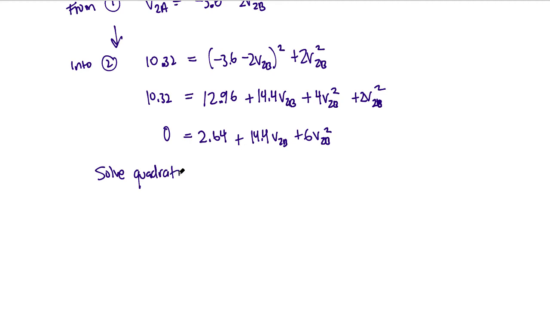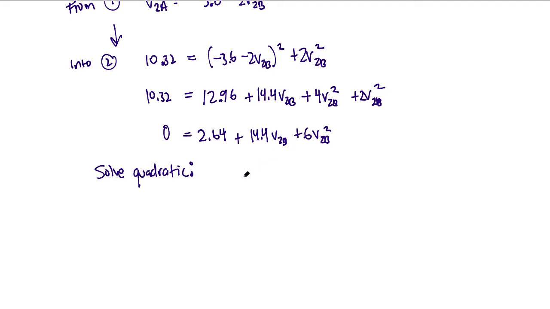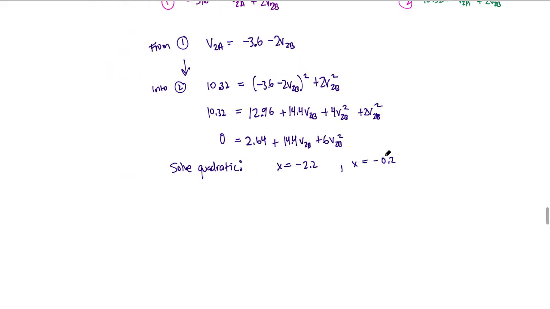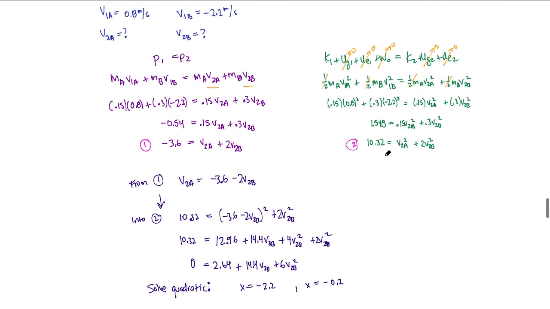Solve the quadratic however you like. I'll go ahead and pause it here, and I'll give you a moment to find that. So I get x values of negative 2.2 and negative 0.2. We have to figure out which of these two makes sense. I guess I shouldn't say x, I should say v, so my two velocities. This is one solution, and this is my other solution.